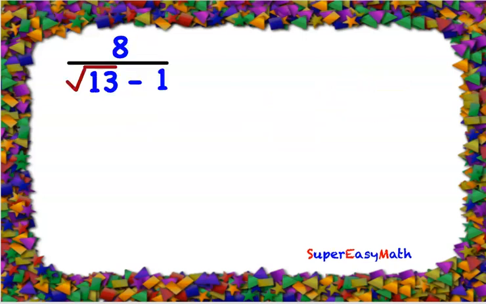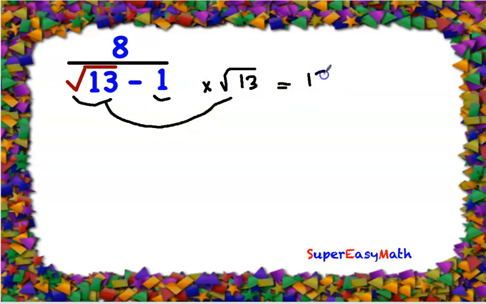Another example. Here we have two numbers in the denominator, square root of 13 and 1. If we multiply it by square root of 13, as we did before, we will get 13 minus square root of 13. So in this case, we still have a square root in the denominator, so the fraction is not rationalized.